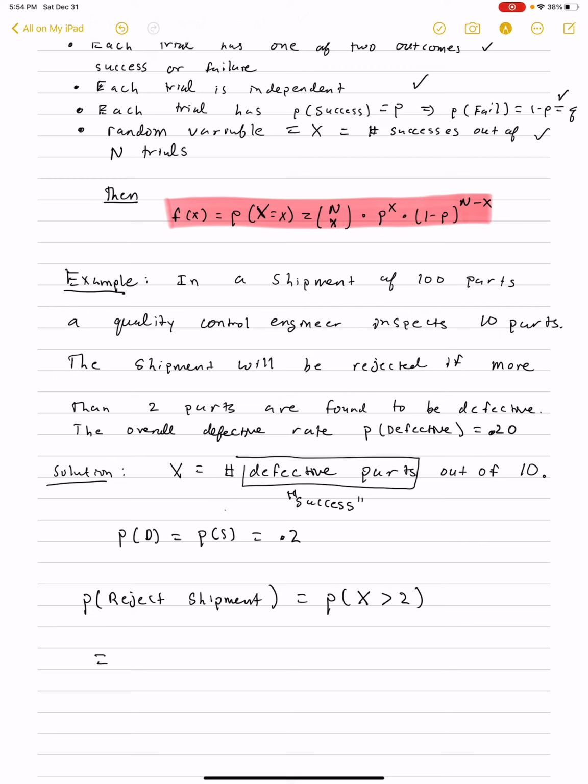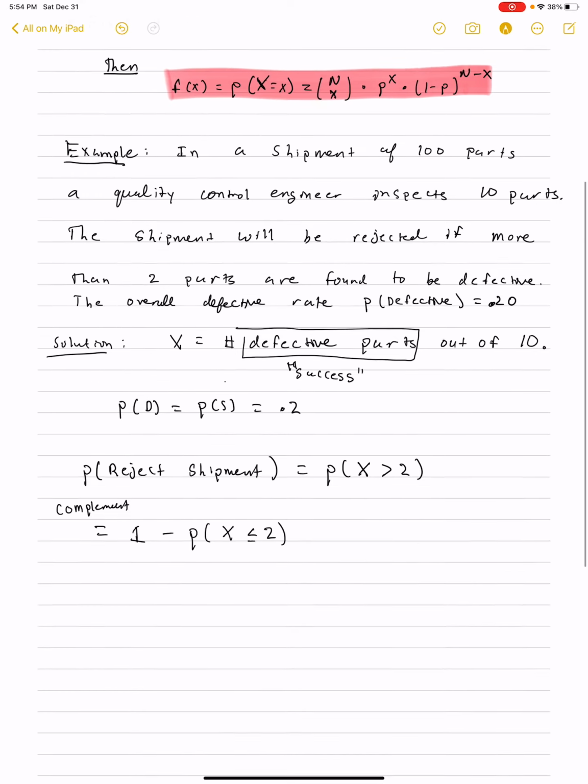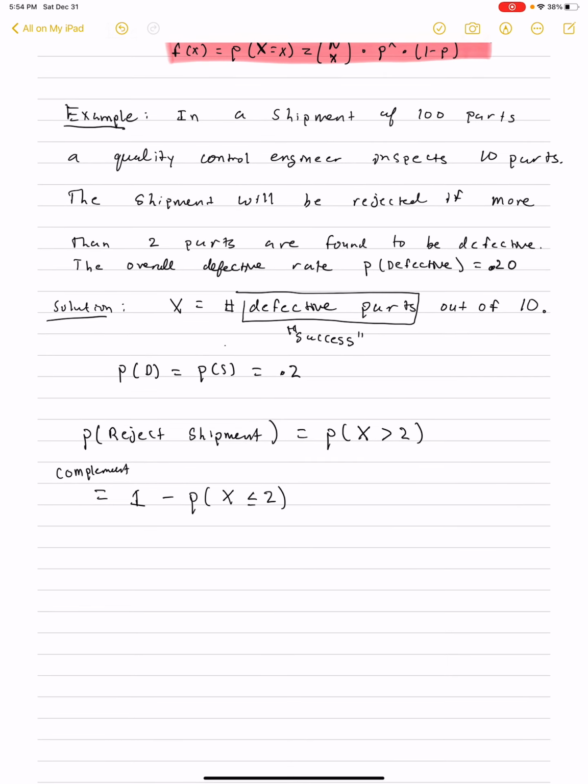For instance, if I find 3, I would reject it. If I found 4, 5, 6, 7, 8, 9, all the way up to 10, that's a lot of outcomes of x to calculate. It's easier to do the complement. 1 minus the probability x is less than or equal to 2. Okay, so I need to calculate 1 minus the probability x is 0, minus the probability x is 1, minus the probability x is 2.